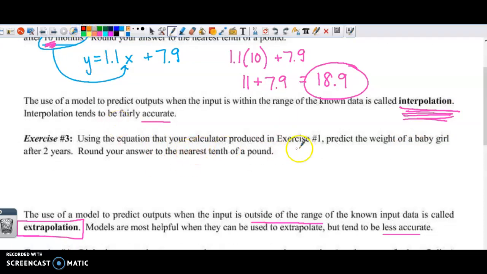As we look at this, after 2 years, think about how that's actually 24 months. So if I did the same thing for a 2-year-old girl, if we continue to use that data, I'm not going to rewrite it, plus I'm running out of time on my video to try to keep this short.